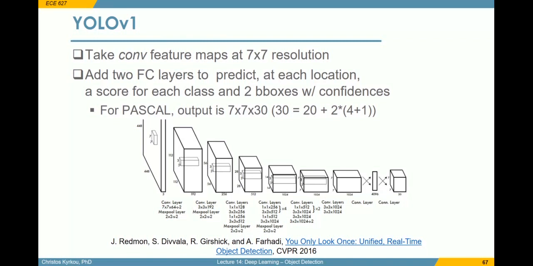And as you can see, for the Pascal VOC dataset, the output is a 7x7x30 tensor, and 7x7 basically means they have a 7x7 grid cell, and for each one they predict 30 values.